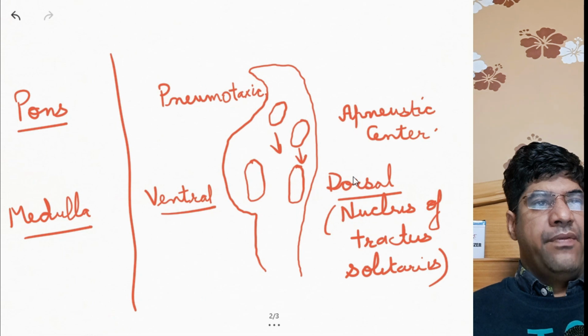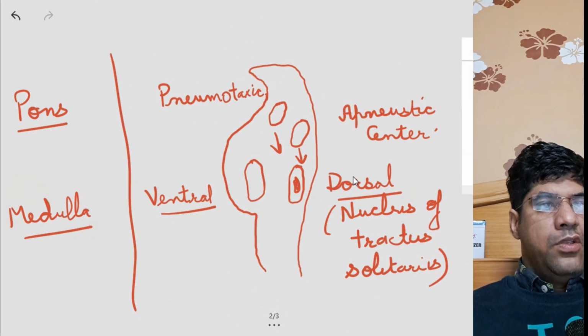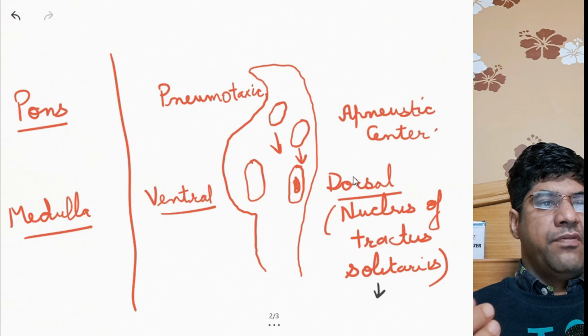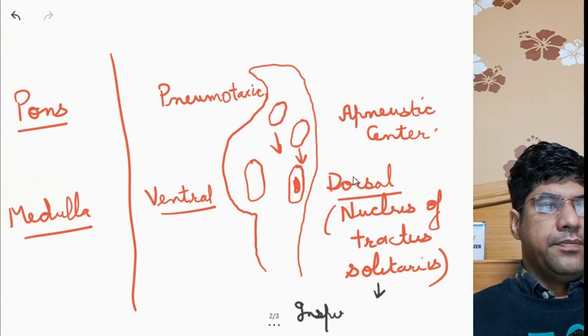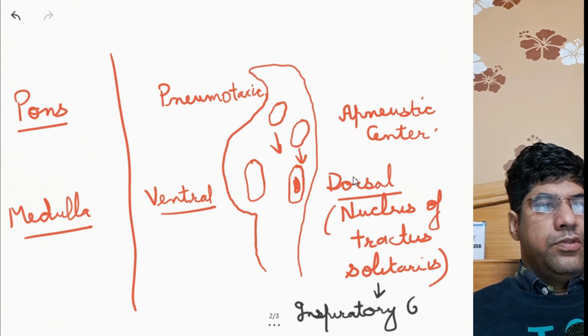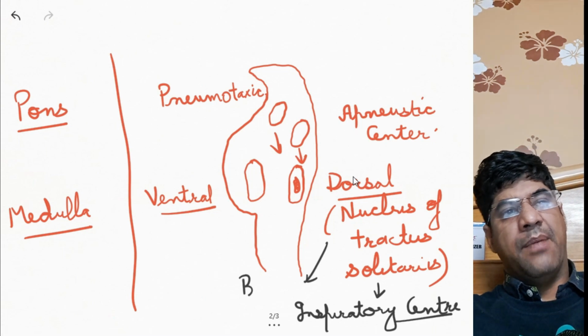All the neurons of the dorsal respiratory group are inspiratory neurons. These dorsal group neurons are responsible for the basic rhythm of respiration.